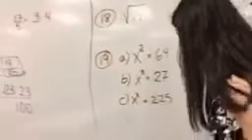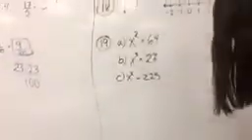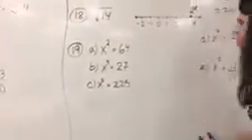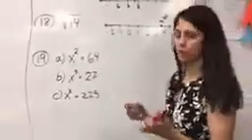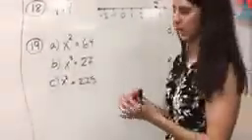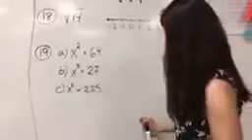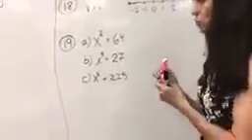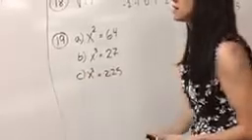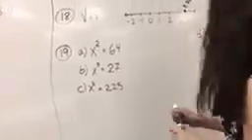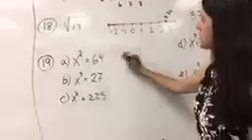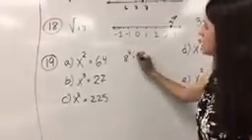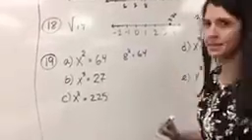Next question asks me to solve, which means find the value of x. So x squared equals 64. Well, what could x be? You guys told me today. So the x here could be 8, because 8 squared equals 64, right?